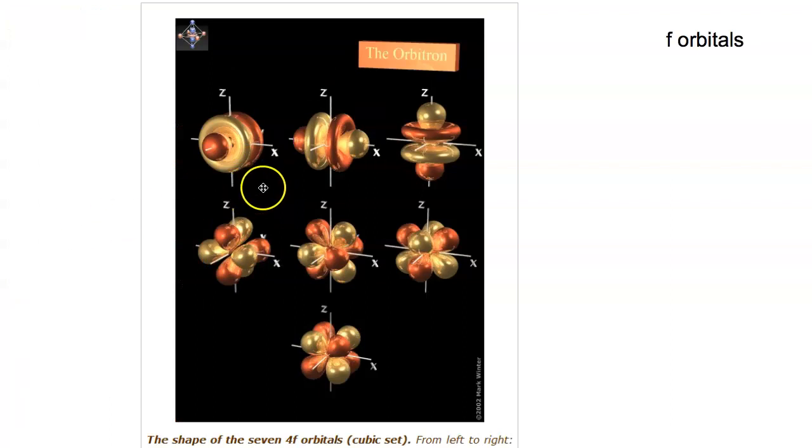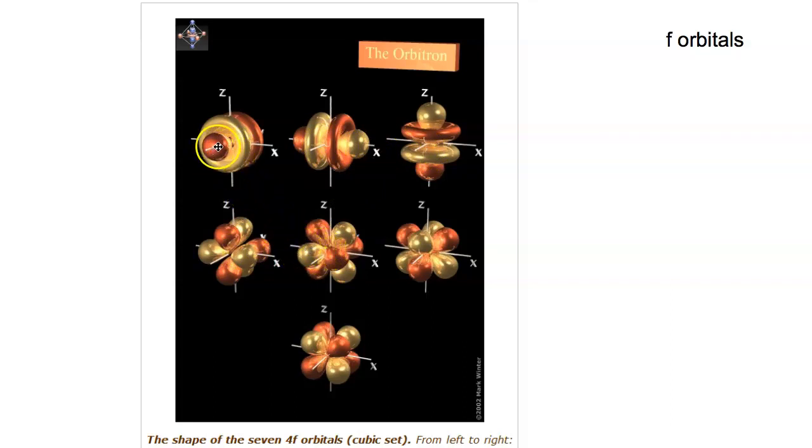And of course, if you've got L equals 3, which occurs first in the n equals 4 principal energy level, you have -2, -1, 0, +1, +2, and that would work if it's a d orbital. So let's do it for an f orbital.